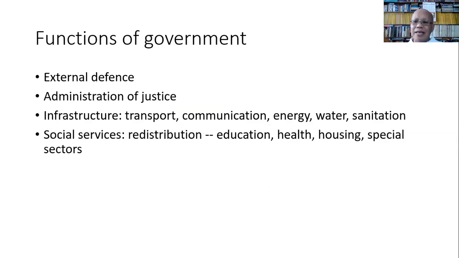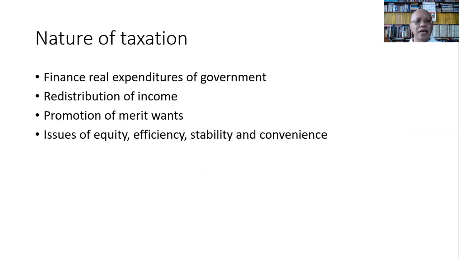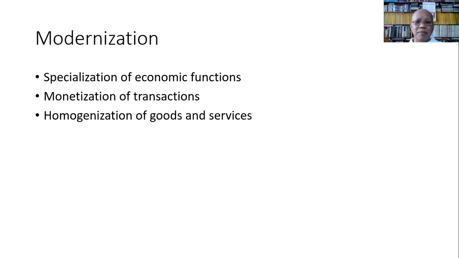And among the items that make the circular flow move rapidly would be government infrastructure programs, the availability of external defense and the administration of justice and the provision for social services, which allow for the attainment of greater specialization of economic functions, monetization of transactions, and the homogenization of goods and services.